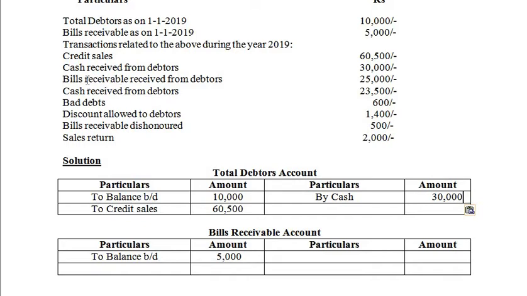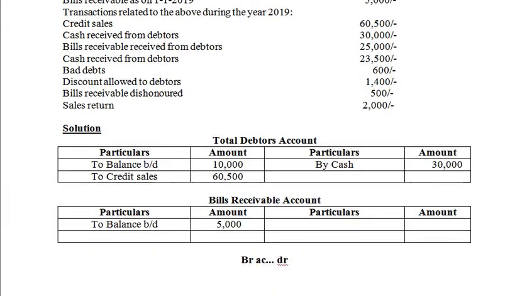Okay, next, bills receivable received from debtors. Now just look into the entry here. We'll have two entries. So what will be the entry?